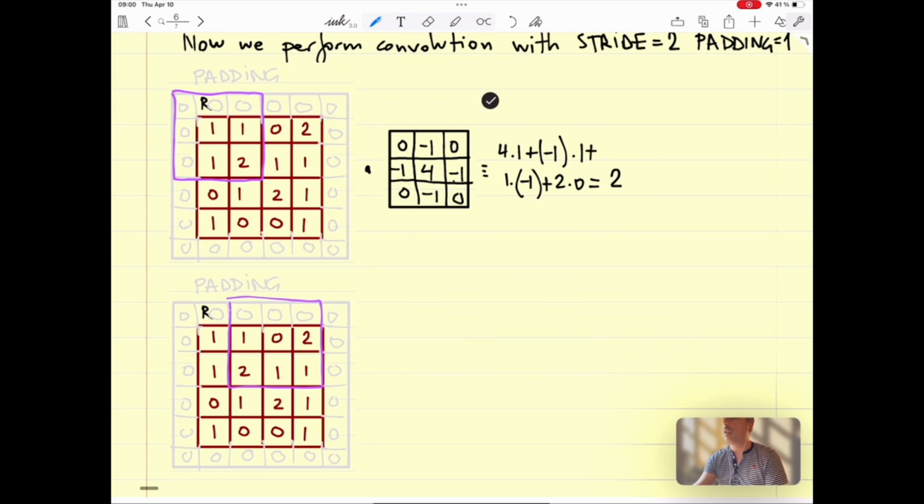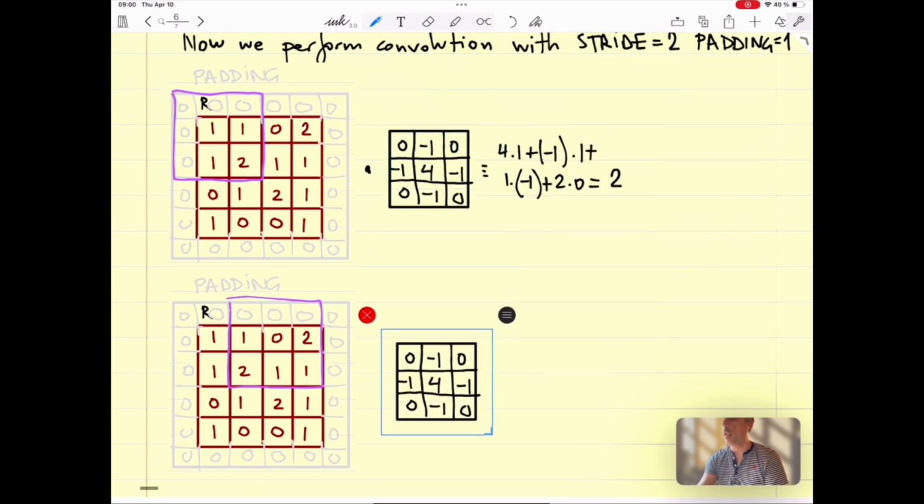So David got it. Is everybody on the same page, or do we need to explain again? We moved here 2 steps, okay? So stride is 2, so 2 pixels. Are we cool?